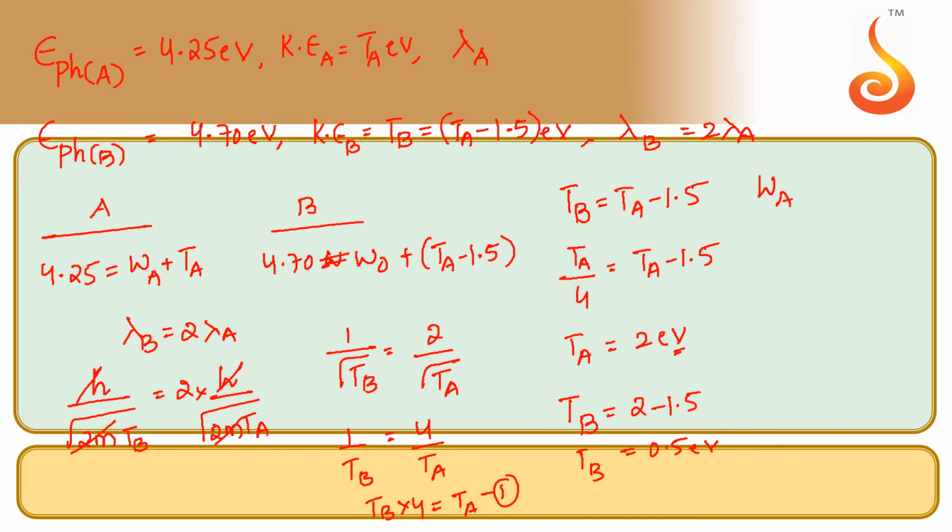The work function of A can be written as, from this equation, 4.25 minus Ta. Ta is nothing but 2 electron volt, which gives 2.25 electron volt.